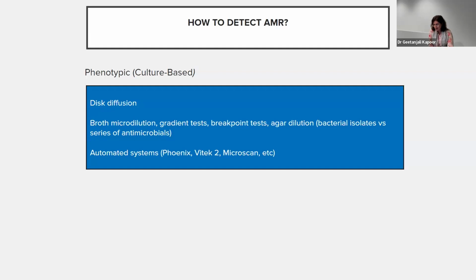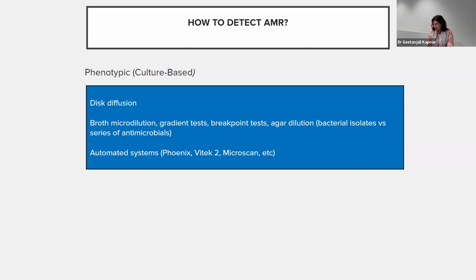Now, if the MIC is less than your breakpoint, then we say that the bacteria is susceptible. If the MIC is more than the predefined breakpoint or the cutoff, we say it's intermediate or resistant, depending on the degree of MIC elevation.